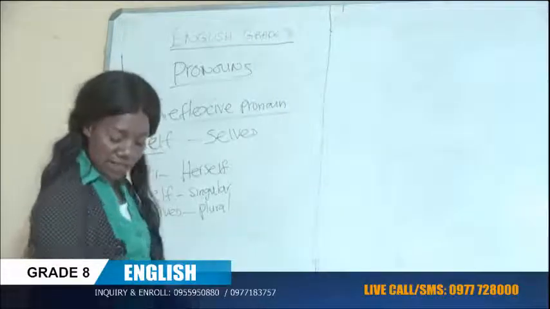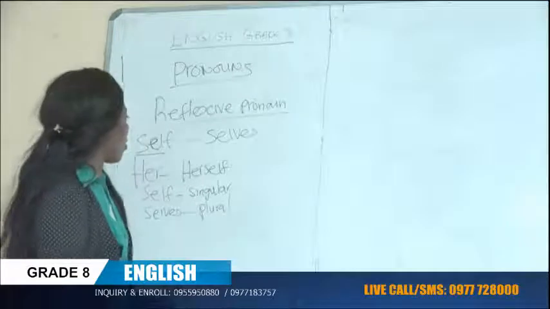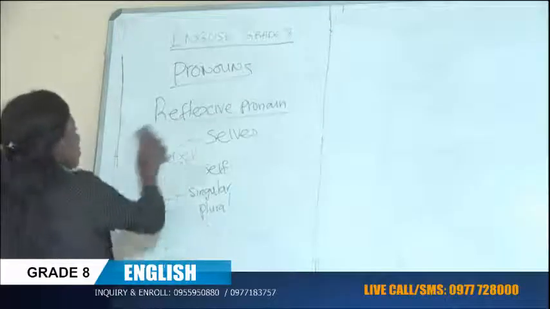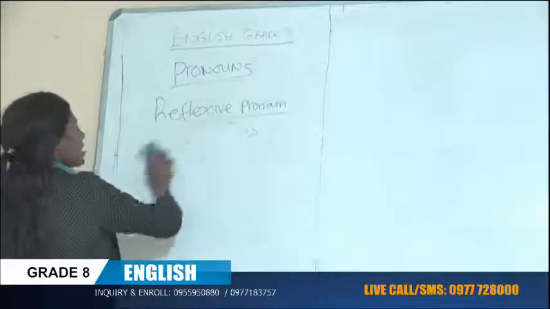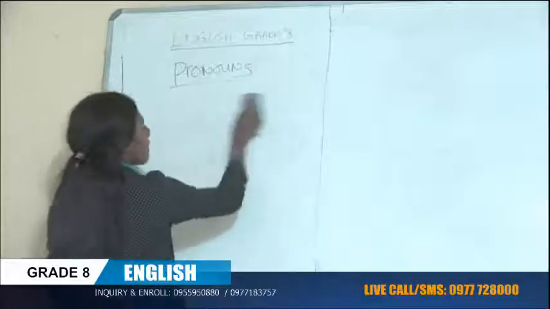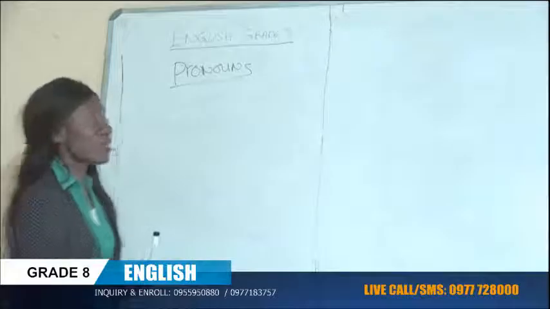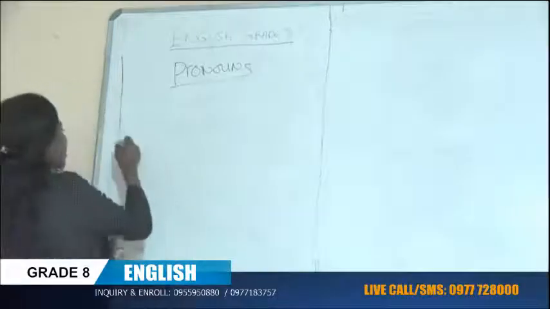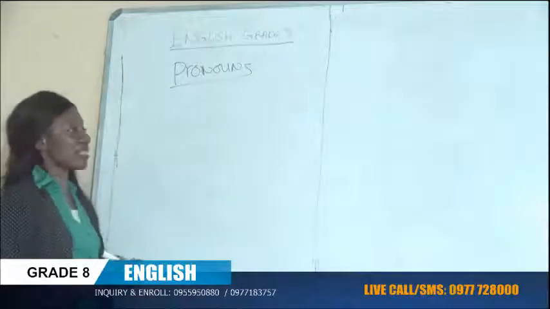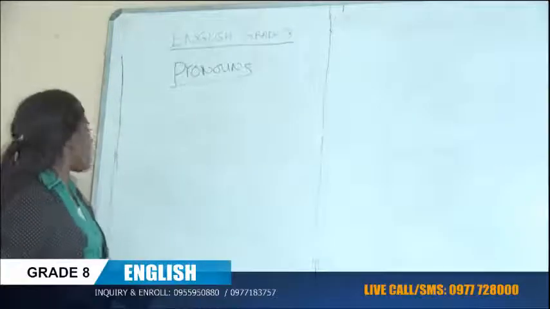Okay, so I'll give you some examples of sentences where we're going to add reflexive pronouns. There are a lot of reflexive pronouns, but I'll give you a few examples. Remember, in English, what is important is constructing sentences. So we're going to construct sentences using the reflexive pronouns.